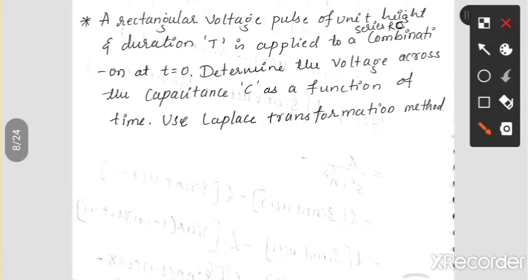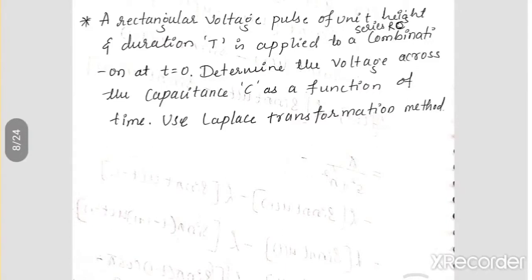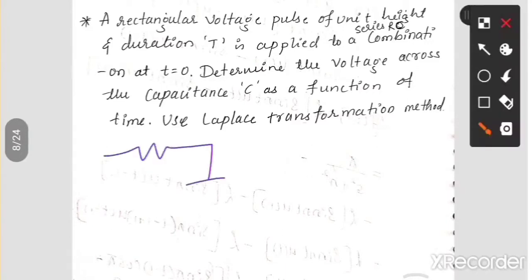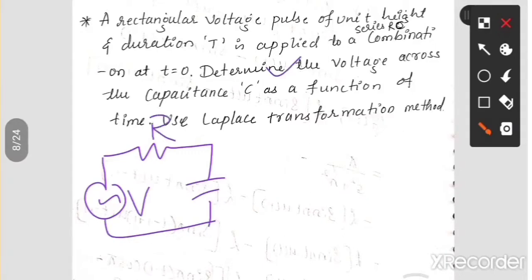Okay, now so consider R C with the voltage source V only. We are not considering this example now. A simple example which is of this. So we have to calculate I of t.